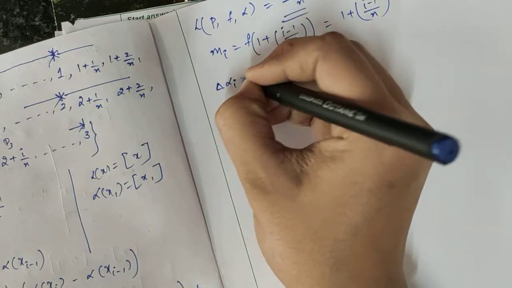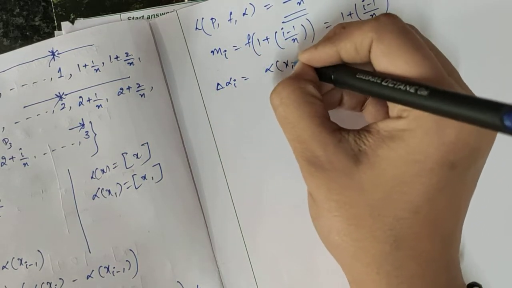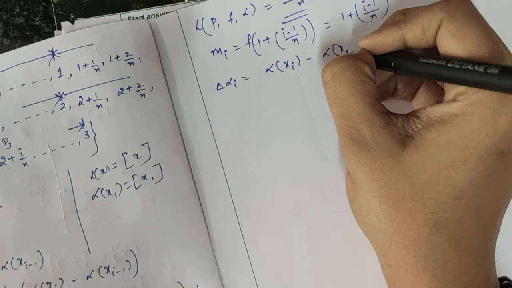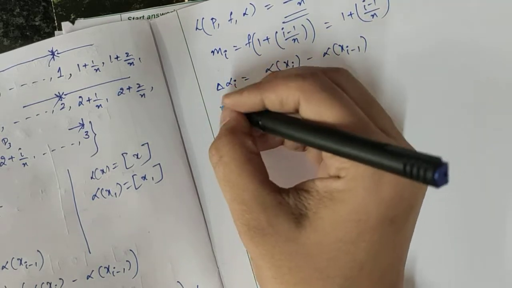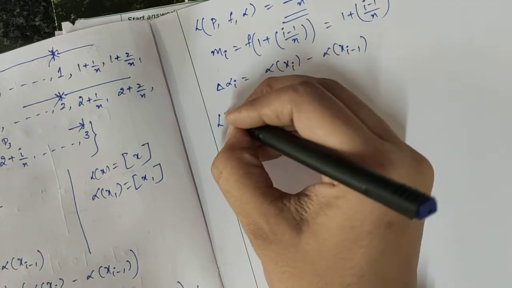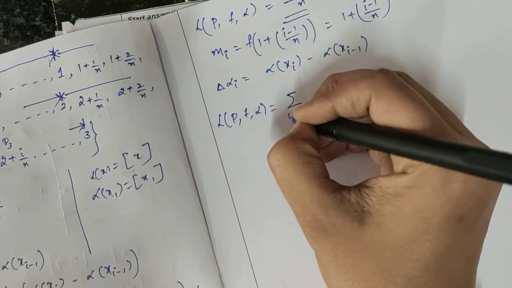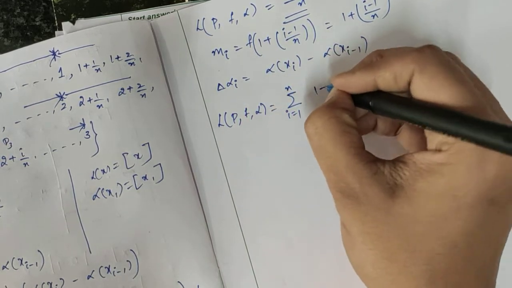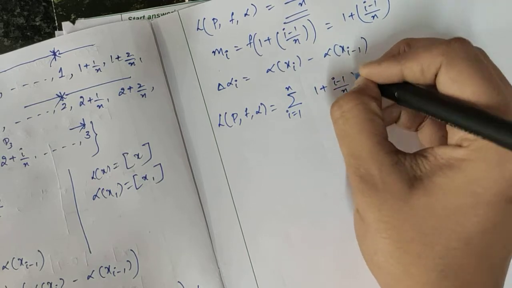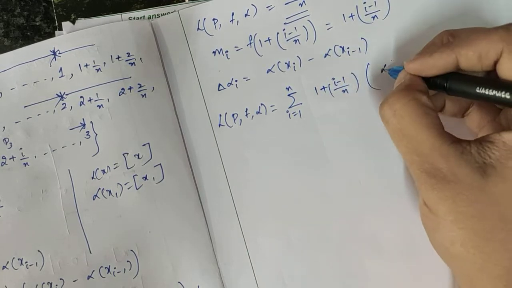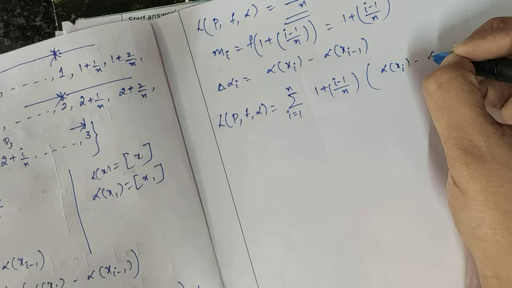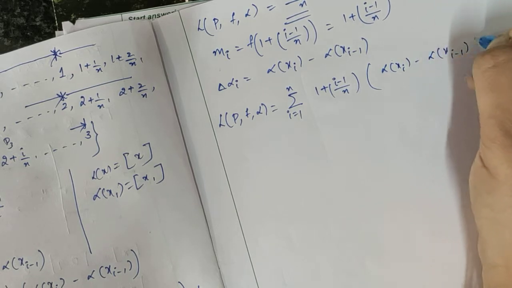Again, what is delta alpha i? I will just write alpha of xi minus alpha of xi minus 1. Now substitute in your summation, you will be getting summation i is equal to 1 to n of 1 plus i minus 1 by n into alpha of xi minus alpha of xi minus 1.